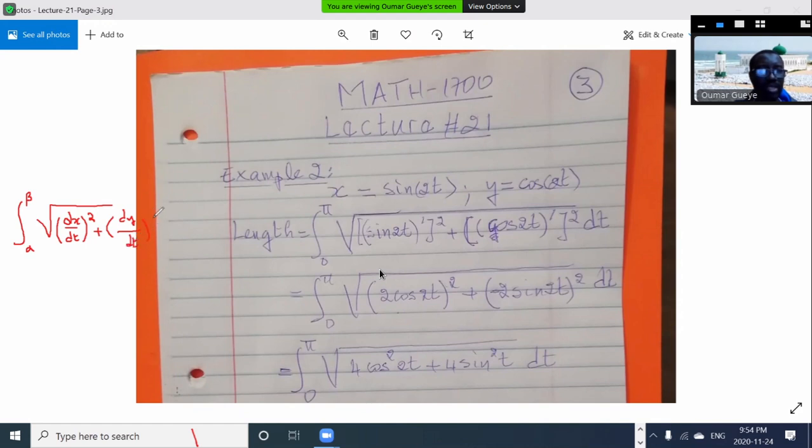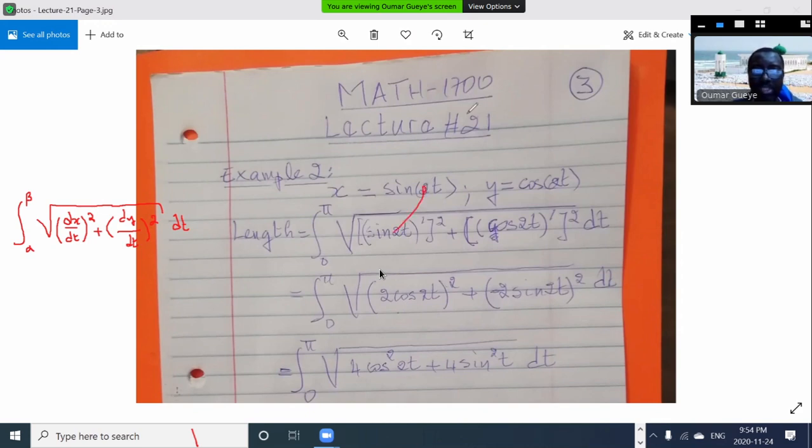The integral is with respect to t, because under the square root you will get a function in terms of t. And knowing x and y, you calculate their derivatives under the square root.